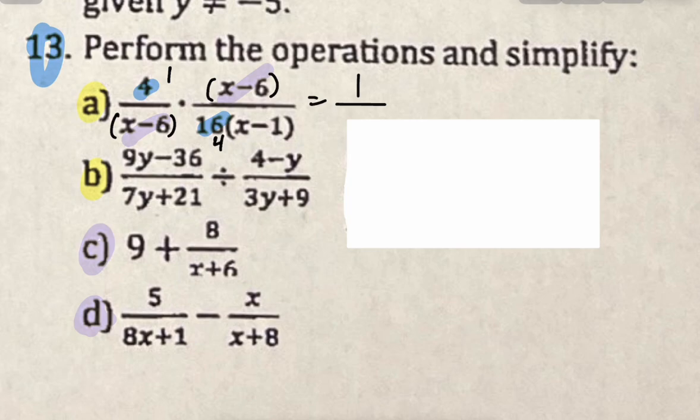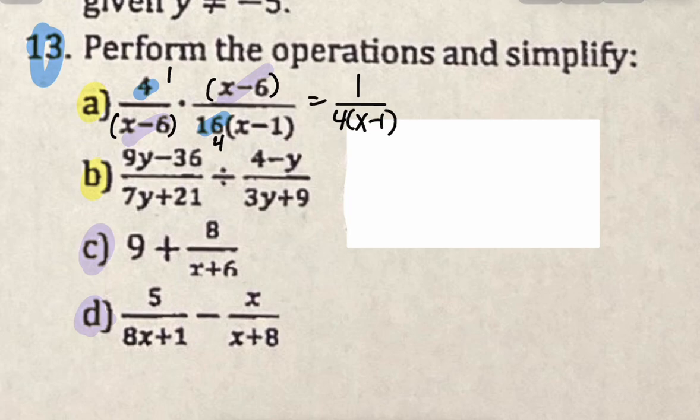On the bottom, we are left with a 4 and an x minus 1. You can keep those separated, or you can actually physically multiply them. I don't care. If you take calculus in the future, many times keeping the denominator separated is a good idea. Simplifying the top is the one we have to simplify. The bottom, I think keeping them separated is a good idea.